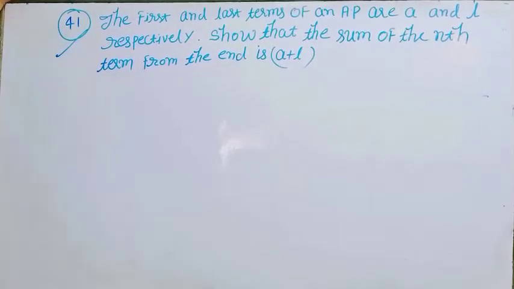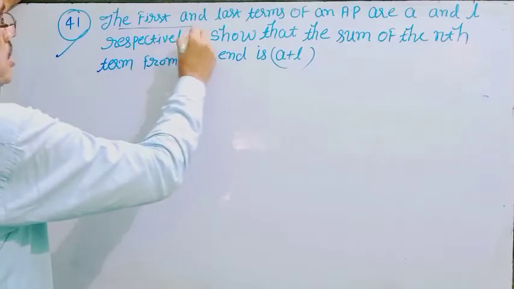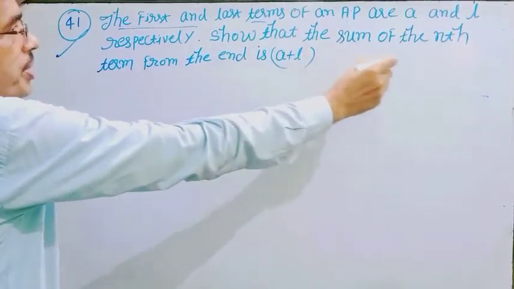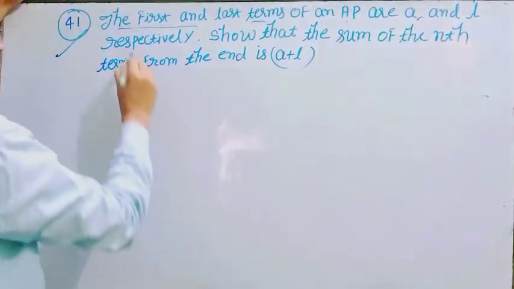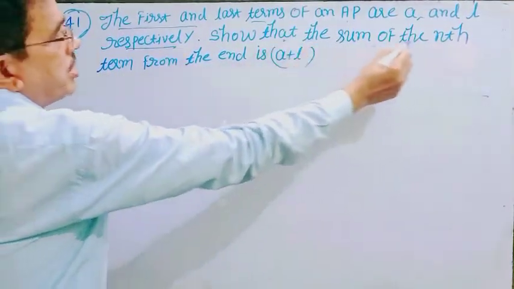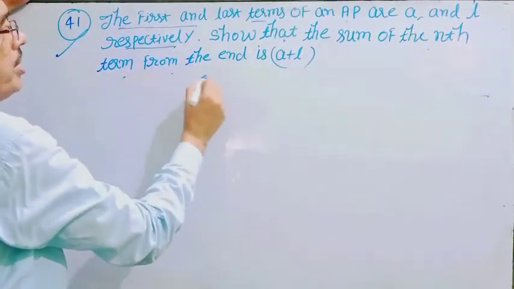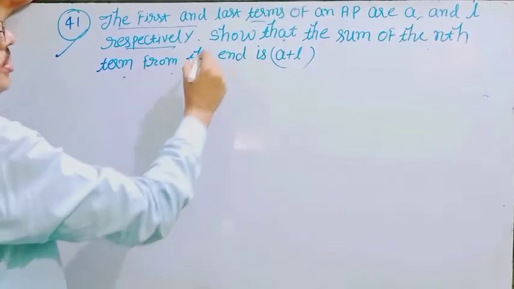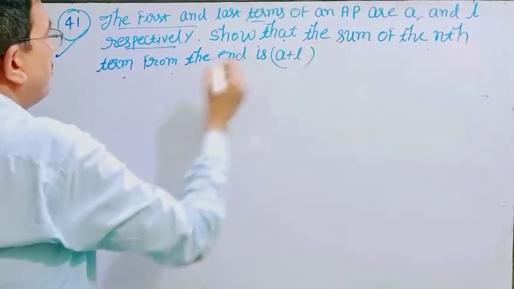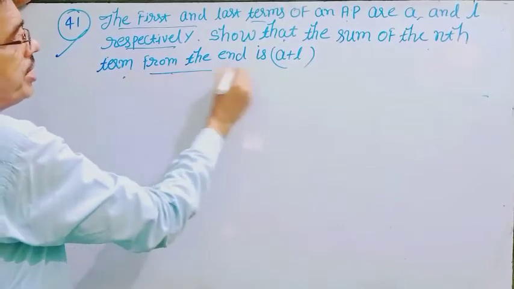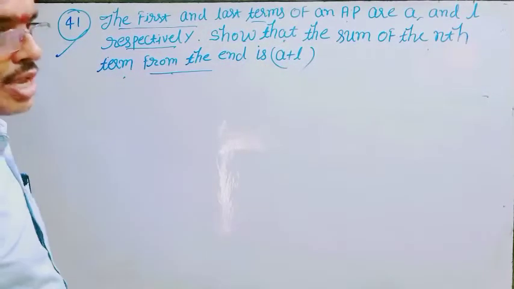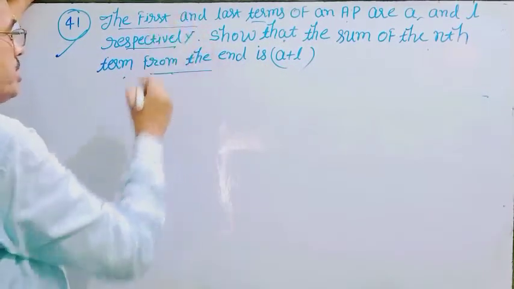Now see question number 41: the first and last terms of an AP are A and L respectively. Show that the sum of the nth term from the end and the nth term from the starting is A plus L. So there are two expressions here.